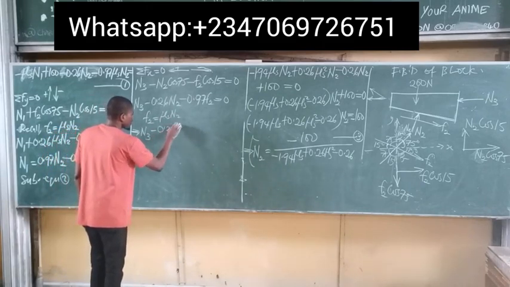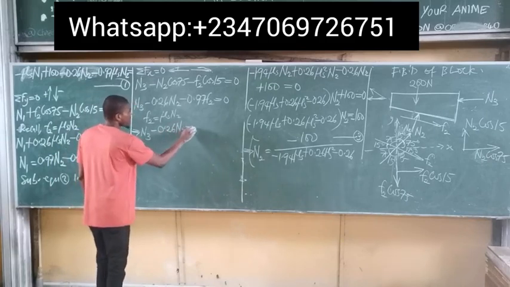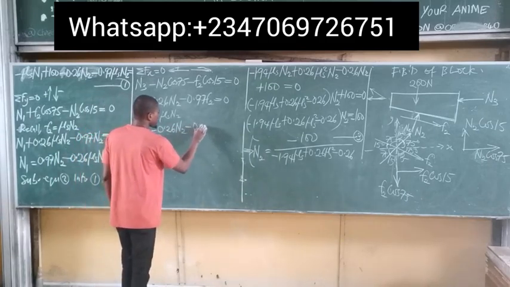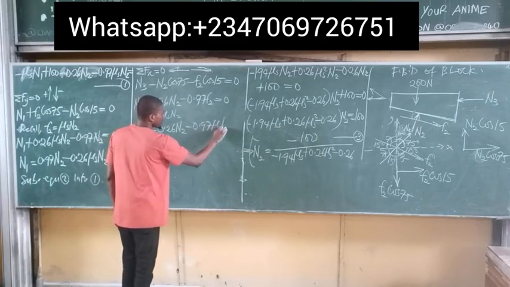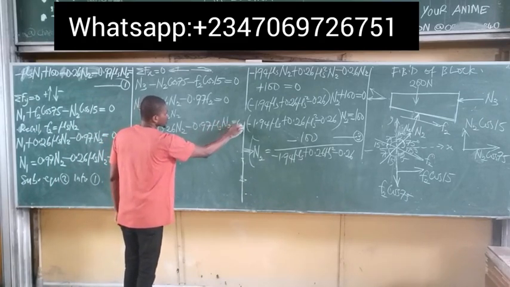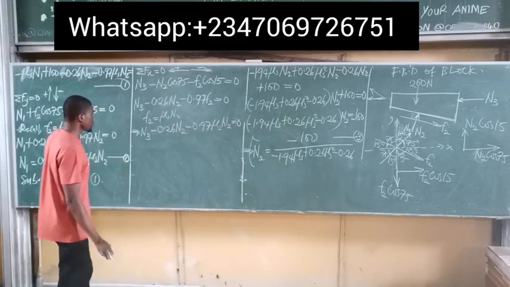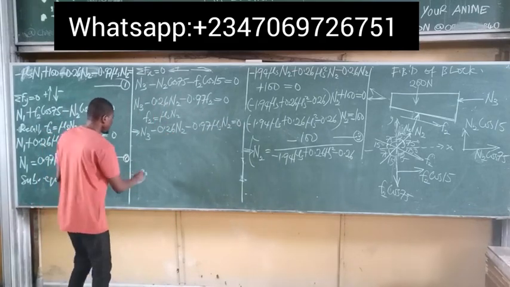So this implies that N3, minus 0.26 N2, minus 0.97, in place of F2 we simply have mu x N2, and this is equal to 0. You can make N3 the subject.